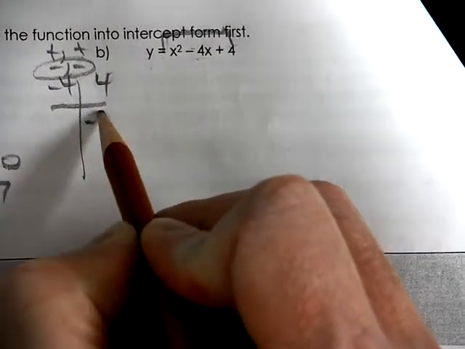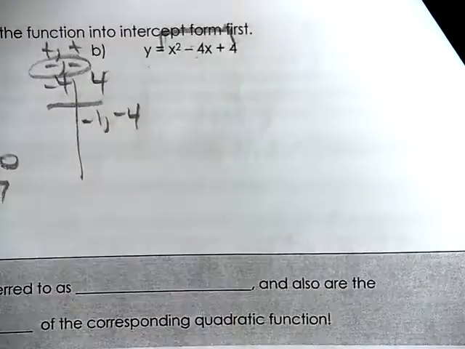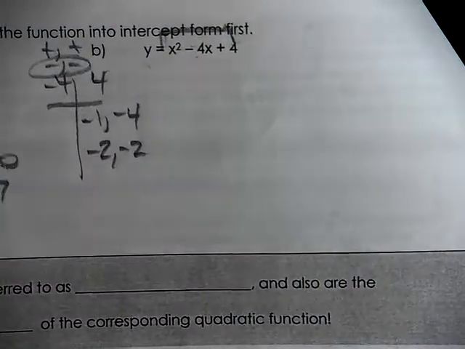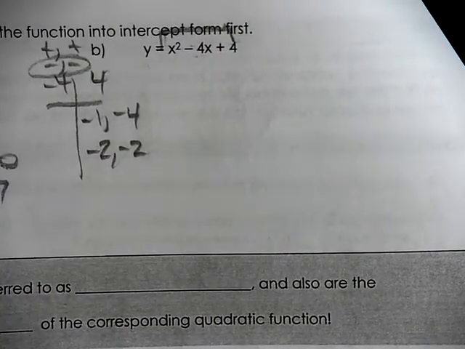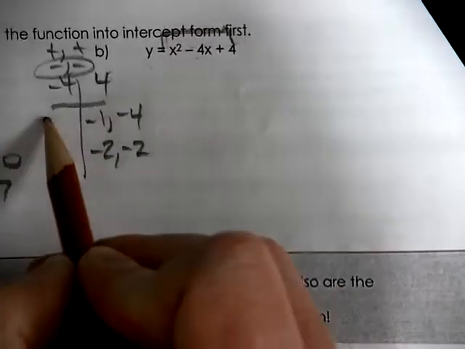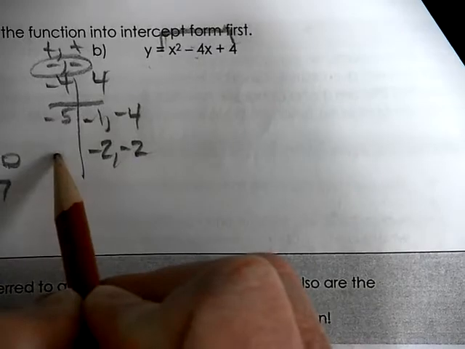So we could say negative 1 and negative 4, negative 2 and negative 2. Those are the only ways to multiply to be 4. This doesn't add to what we want, but this one does.